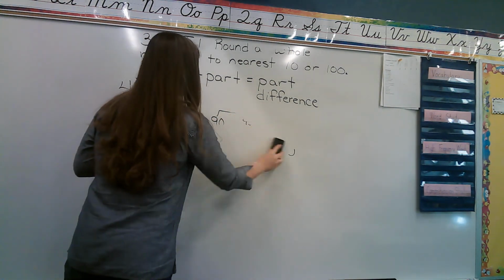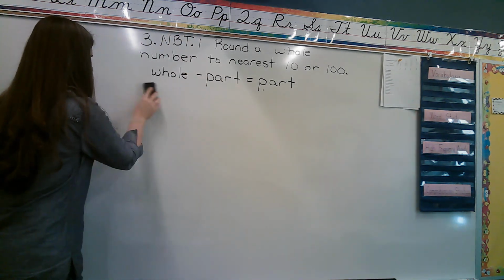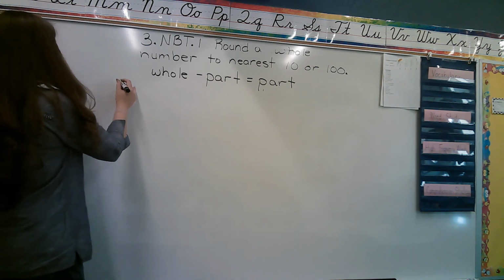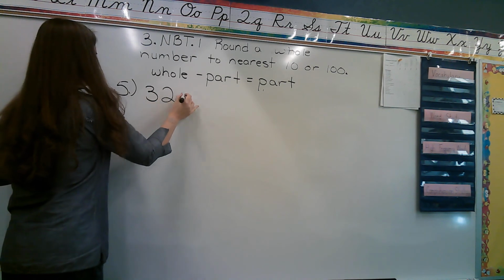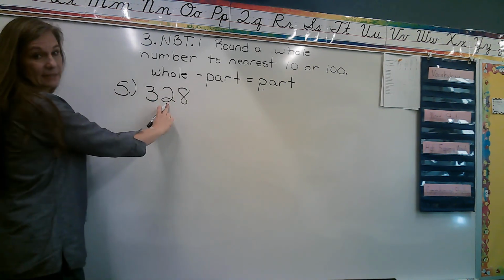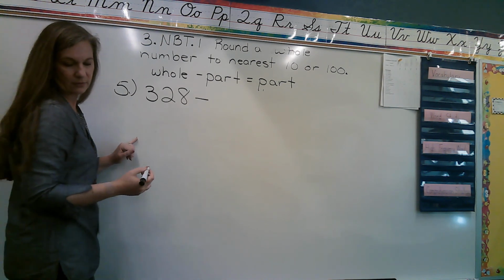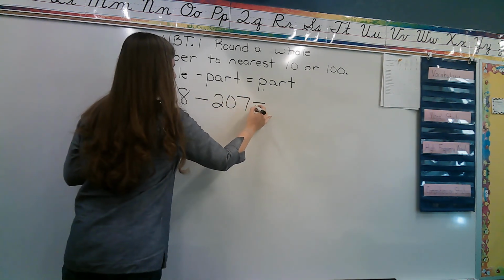So if we look at number 5, we can round 328 to the closest 10, and we're going to subtract 207 from that.